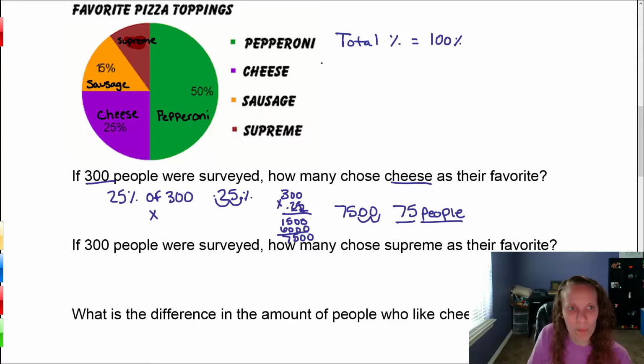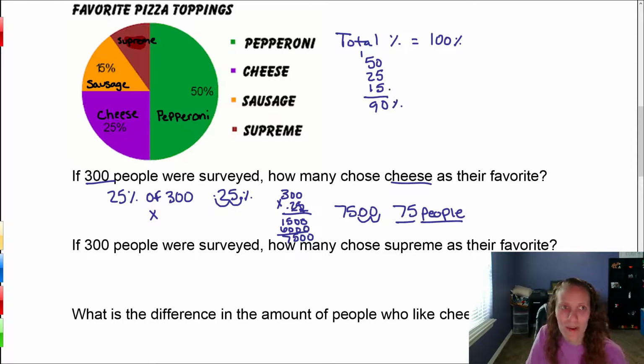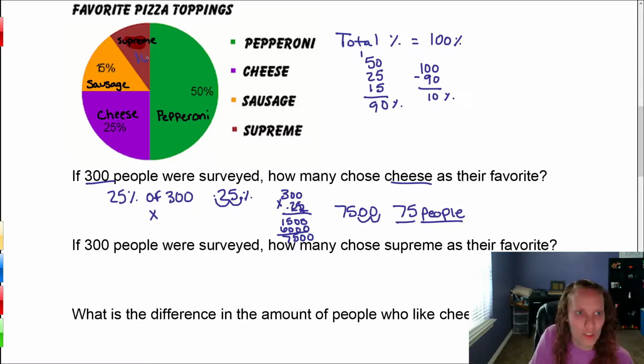So let's add up the ones that we know. So we know 50, 25, and 15. If we were to add these up, we would get 90%. And so the remaining percent would be Supreme. So let's take that 100 total and subtract out the 90, and that would give us 10% left over for Supreme.